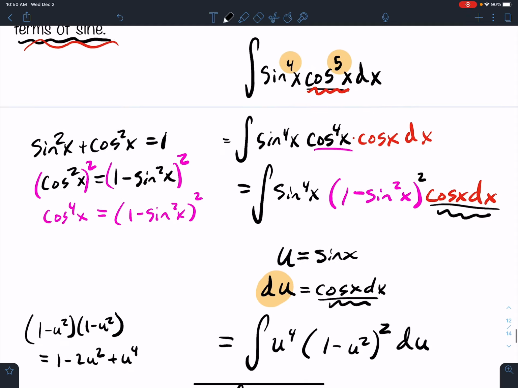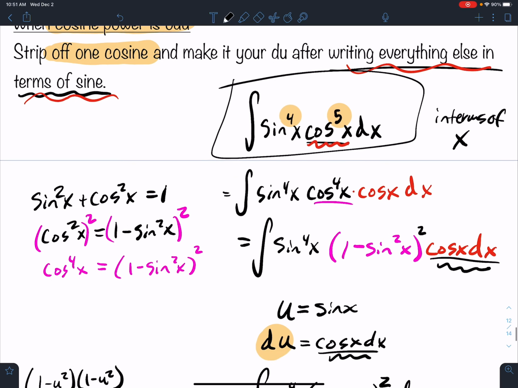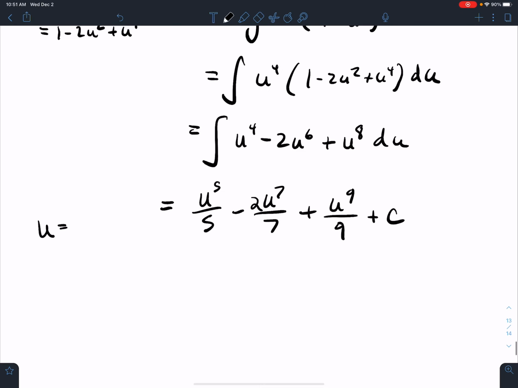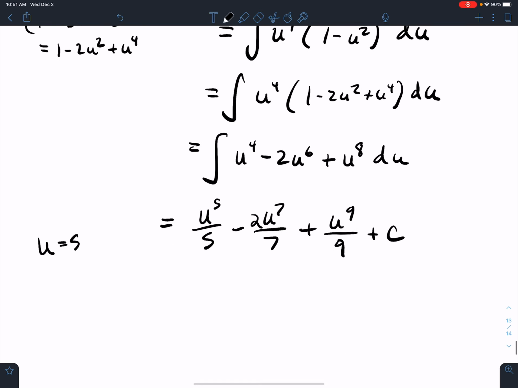But remember, our original problem was in terms of x. So I need to finish in terms of x. Well, u equals what? U is sine x. So everywhere I see u, I'm going to put a sine x.